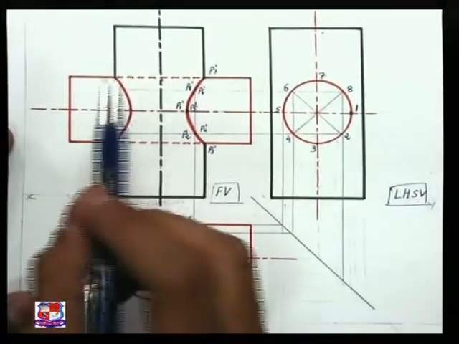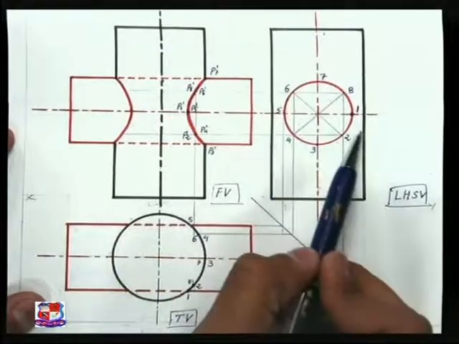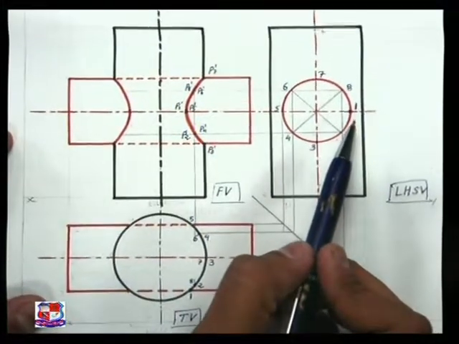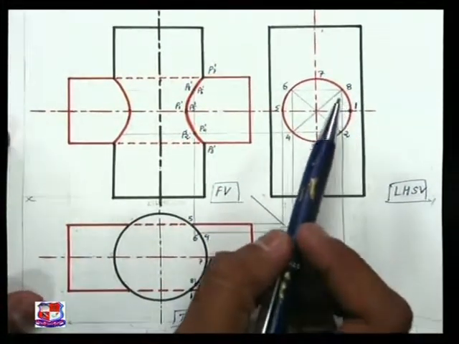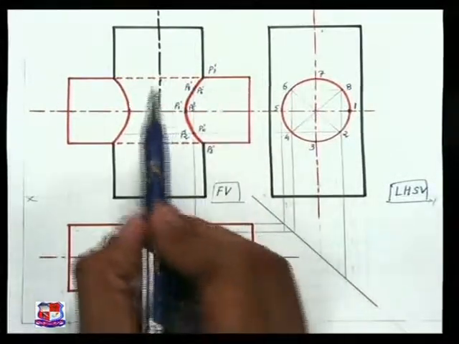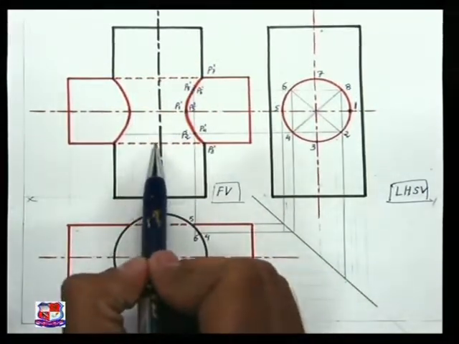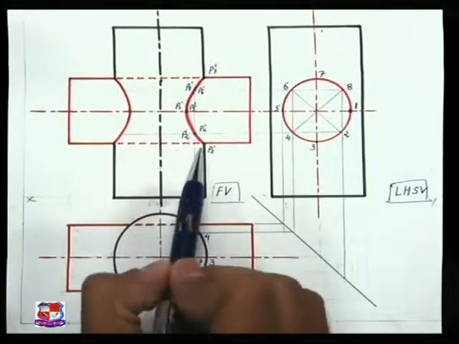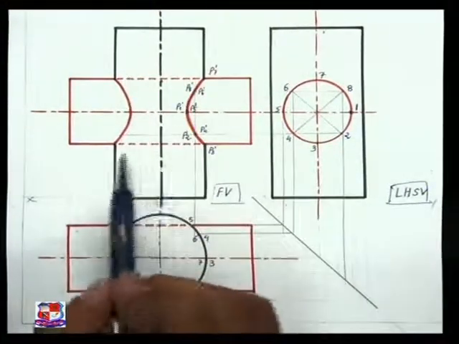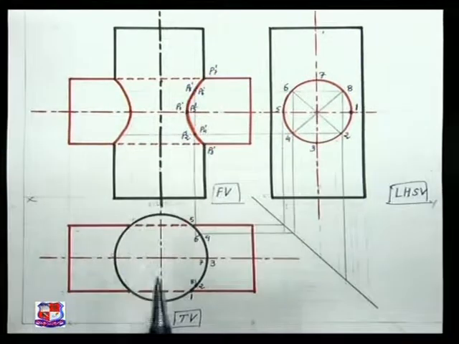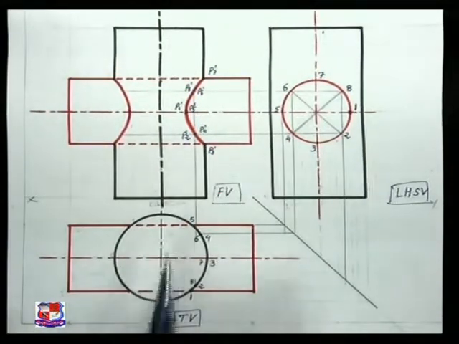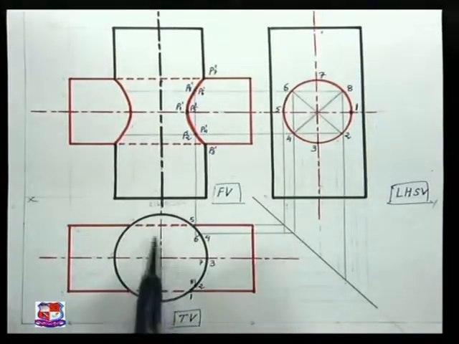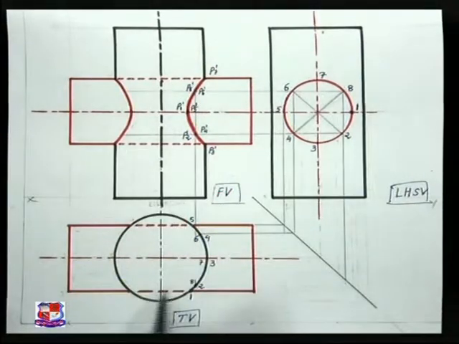Now again, this red colored horizontal cylinder passes through the black colored vertical cylinder, so these edges would not be visible. Hence these edges should be drawn with dotted lines like this. This is a dotted line, this is a dotted line. And in top view also, these edges would not be visible. Hence they should be drawn with dotted lines like this.